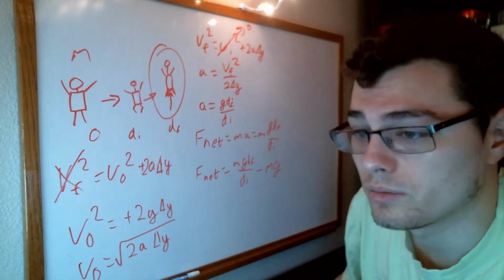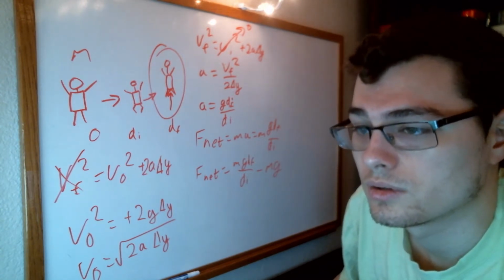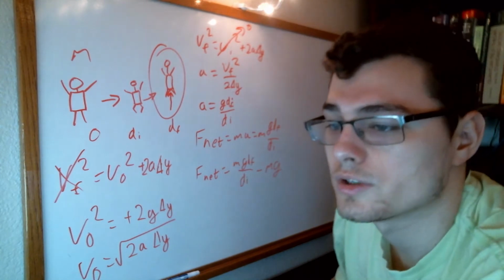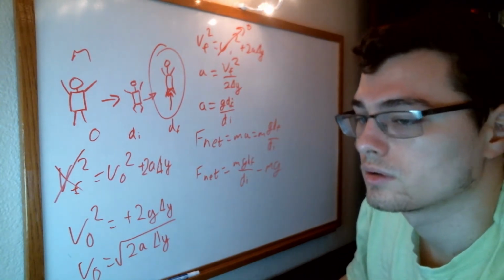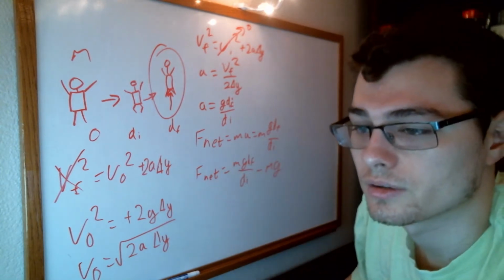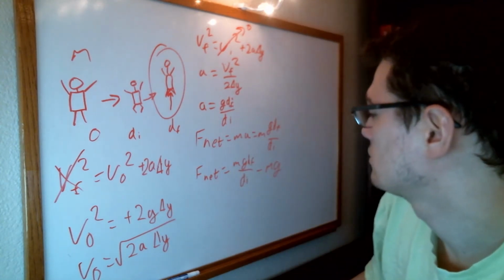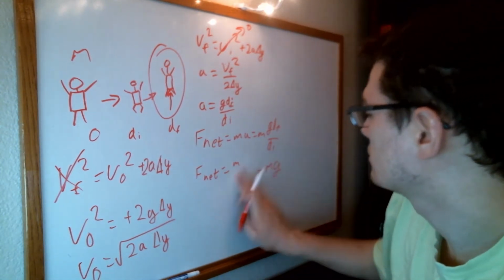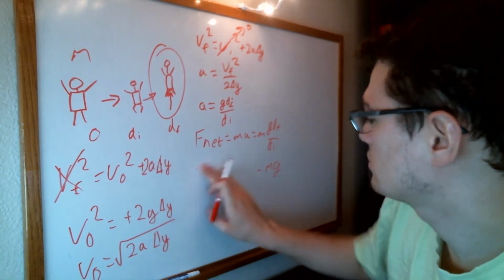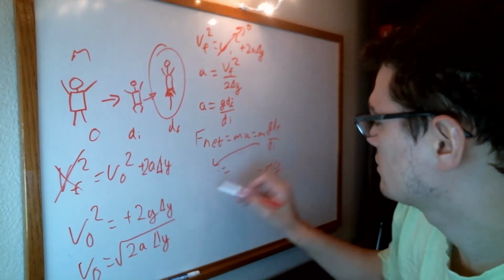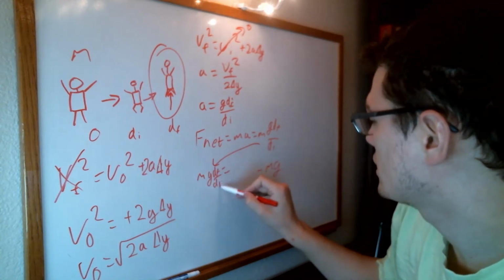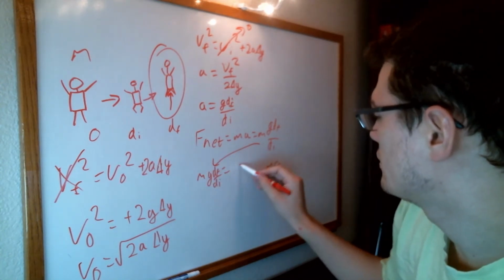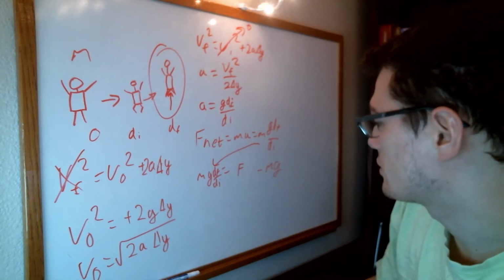And so now what we can do is look for what F is here. Oh, no, I made a mistake. So this goes here, mg dF over DI, and then this is the force that he pushes off on the ground with.